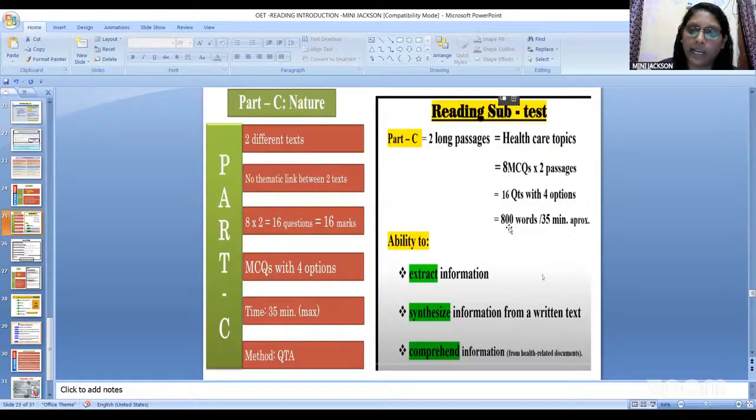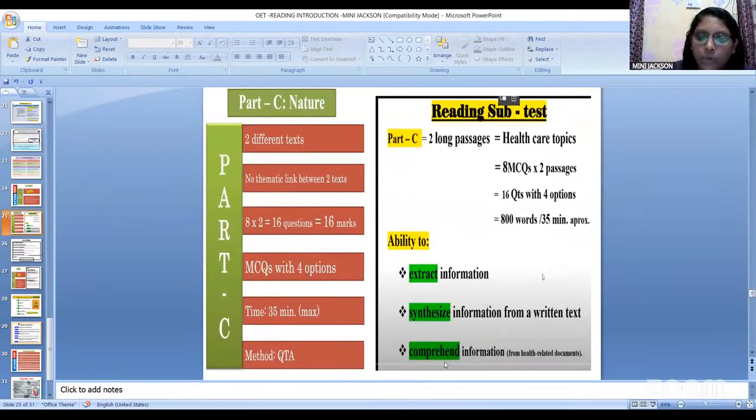Here we can see it is a minimum of 800 words. Approximately, you have to complete Part C within 30 to 35 minutes. You need the ability to extract the information given in the text, then synthesize the information from the written text.